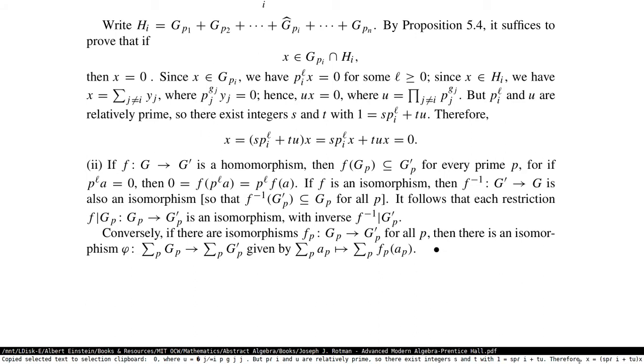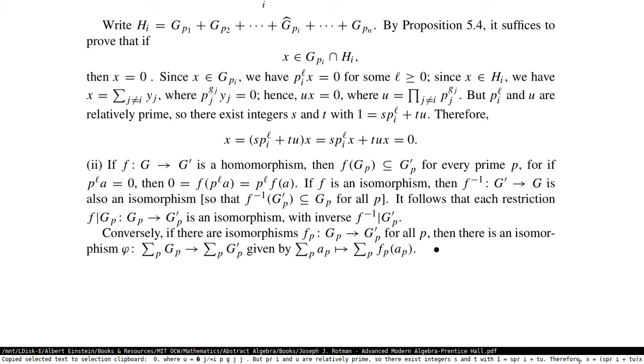Now you need this isomorphism between the p-primary components, right? So if f is an isomorphism between G and G prime, then you will get an inverse, which is also going to be an isomorphism.